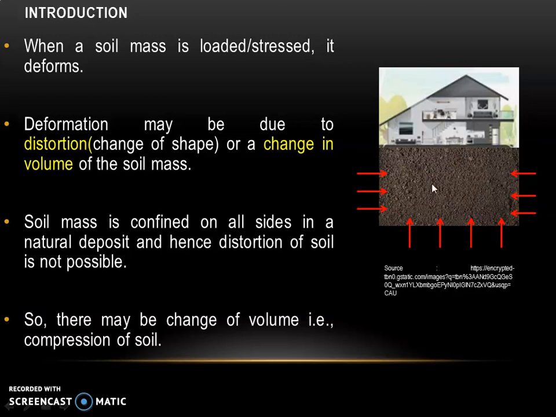So as it is confined on all the sides, the change in shape of the soil mass is not possible. So there will only be change in volume which is observed due to stress, and that is what is referred to as compression of soil.